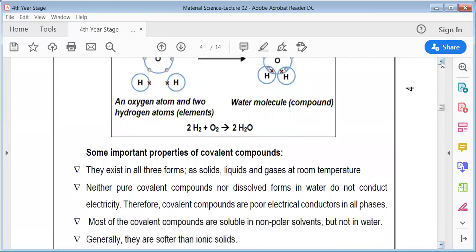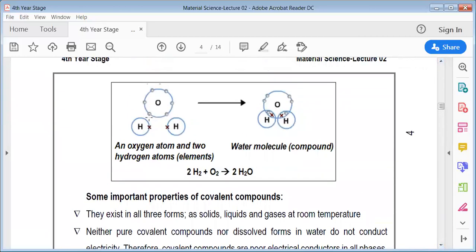Okay, as we said about the covalent bond, this is a covalent bond. Look, the oxygen has 6 electrons in the outer shell, and hydrogen has 1 electron. So one oxygen can combine with two hydrogen atoms, making two bonds. This is one, this is one. Each bond is a pair of electrons, 2 electrons.